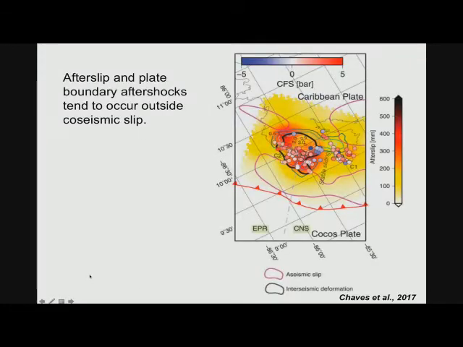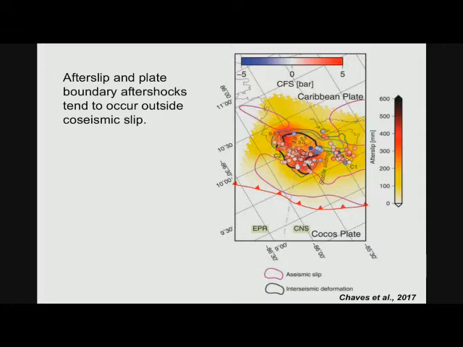But you can imagine that you're moving quickly in the earthquake direction, and then just as a function of time, you continue to move in that direction. I don't have the GPS data to show you, but what I wanted to say about afterslip is that for megathrust earthquakes it generally tends to occur outside of the area that had most of the coseismic slip.